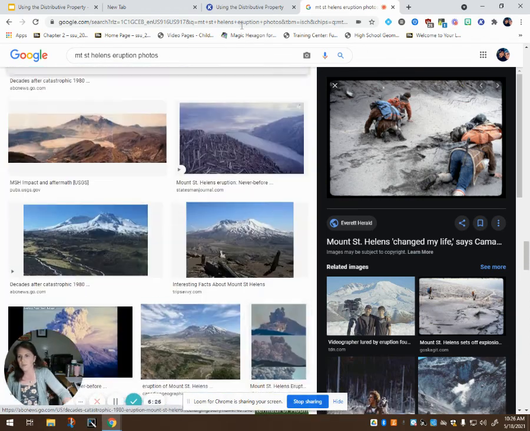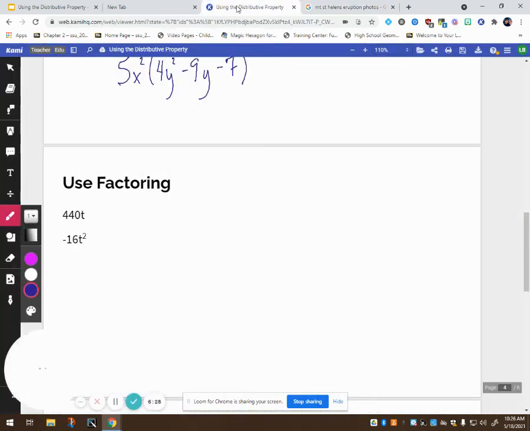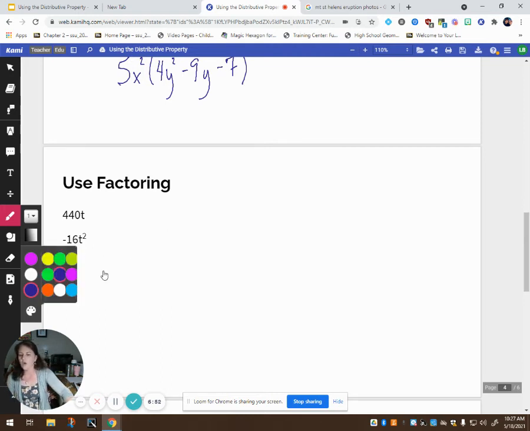So what this problem tells us is that when Mount St. Helens erupted in 1980, the initial lateral blast had a velocity of 440 feet per second. So the expression 440t minus 16t squared models the height of a rock erupted from the volcano after t seconds. Okay, so what it wants us to do is write this expression in factored form.